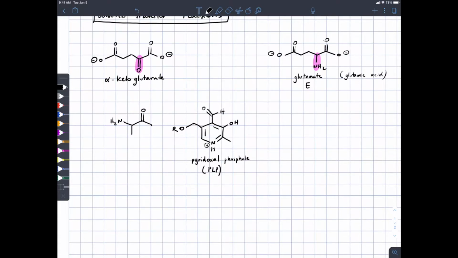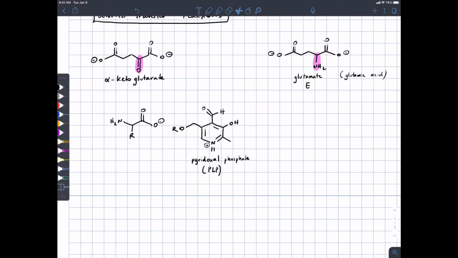And let's just say we're using alanine. And I'm not actually sure what amino acid would be used here. We're just doing an example. So maybe we should be as general as possible. We'll just leave that group off. We won't say what it is. We'll put R there. There we go.